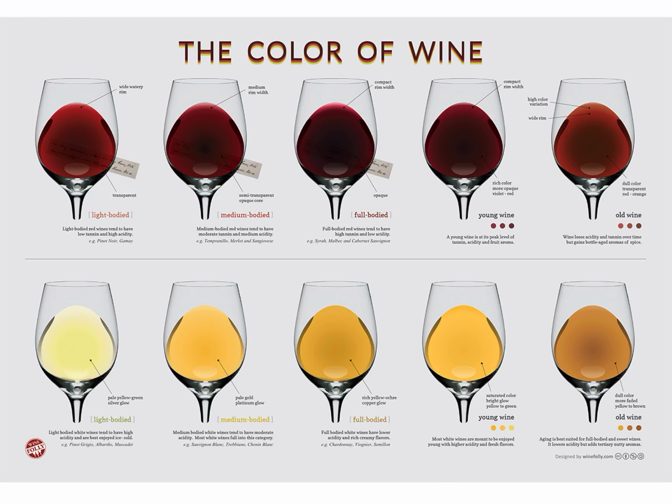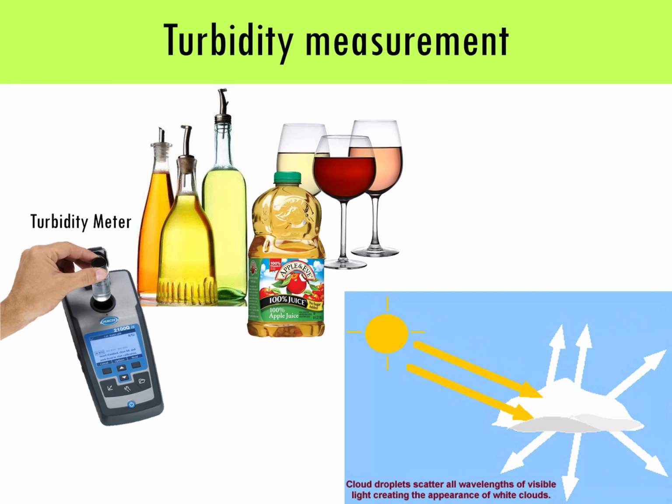For wine quality, color is not the only factor that represents good quality, but the clearness and the degree of turbidity also reflect the quality of wine. In some food products, clearness is a character that represents high quality.